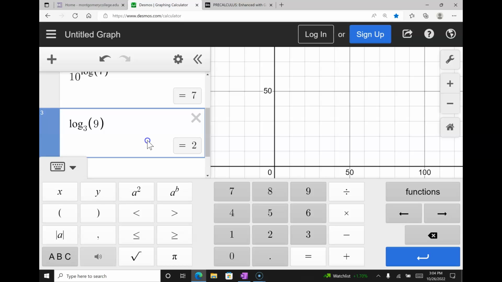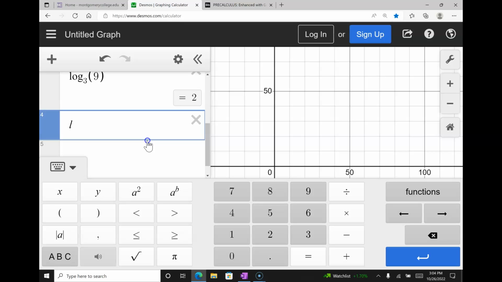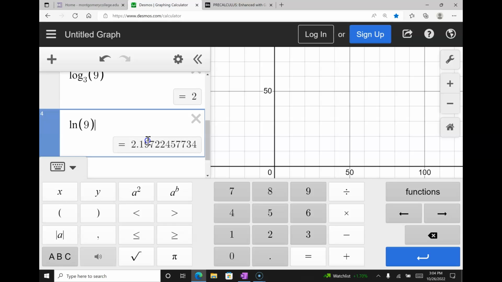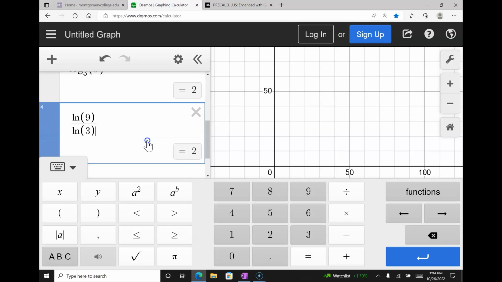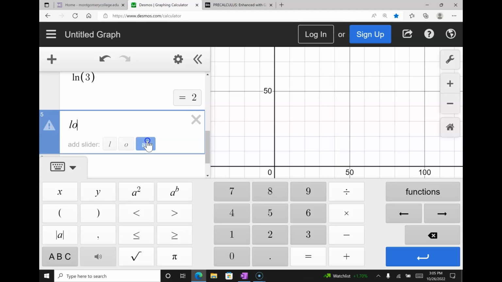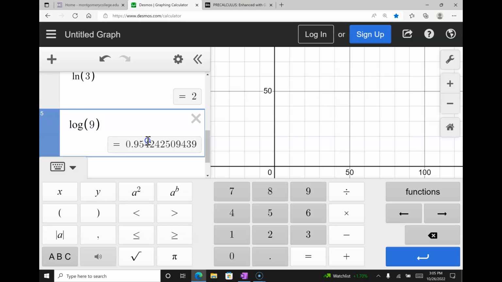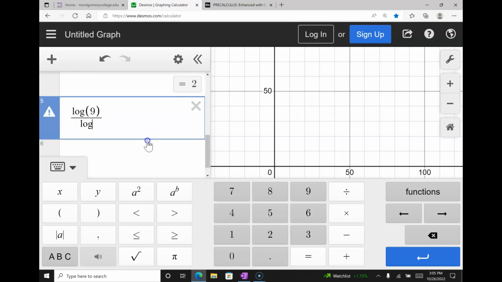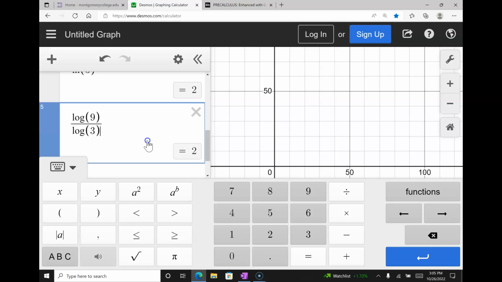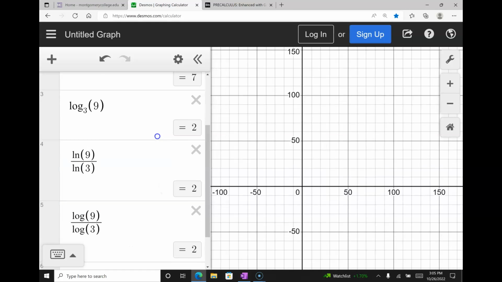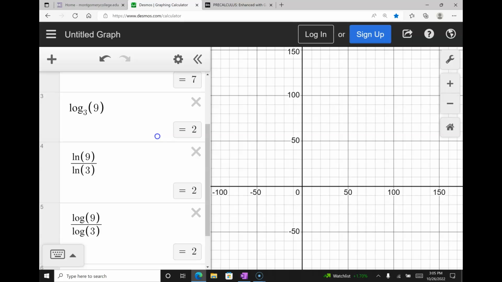But I want to show that that's equal to the ln of 9 divided by the ln of 3. So the ln of the argument over the ln of the base, also 2. So log of 9 divided by log of 3, also 2. So change of base formula. Weird.